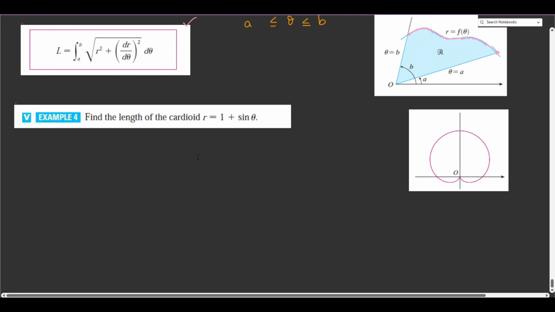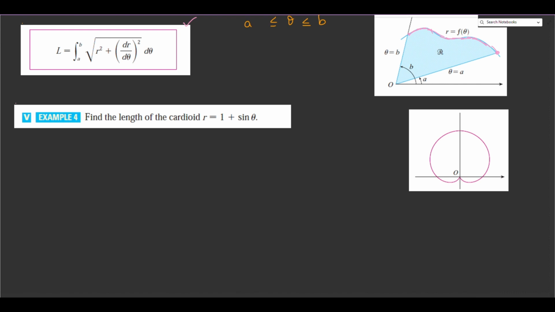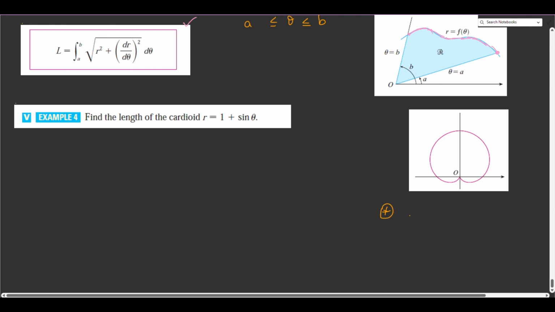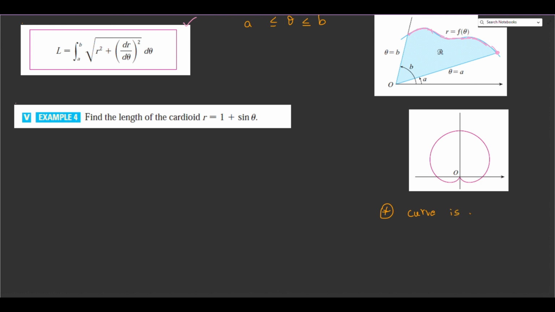Notice that this curve is symmetric about the y-axis, or theta equals pi by 2.